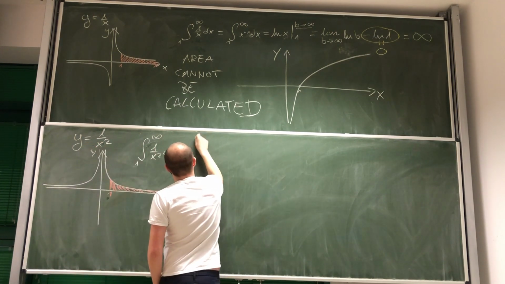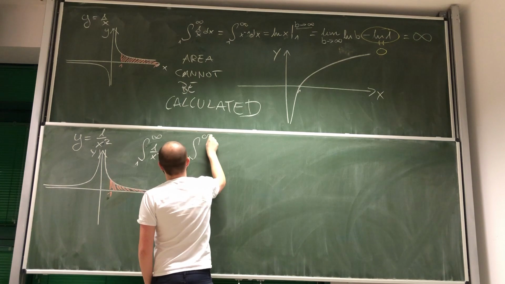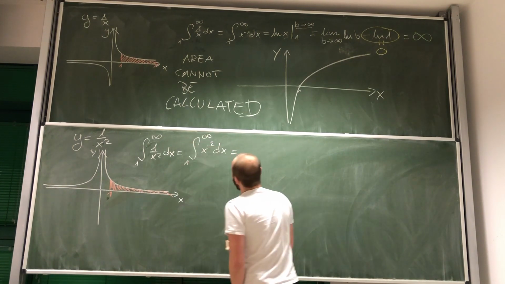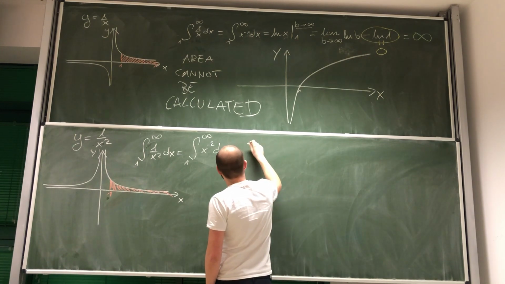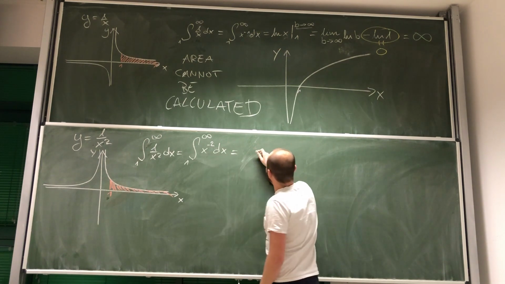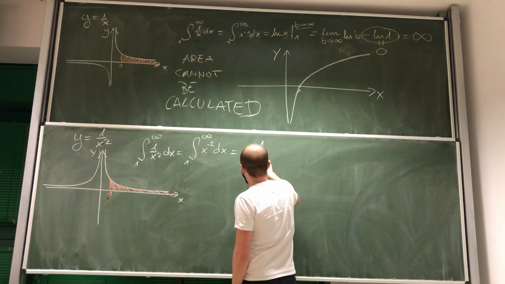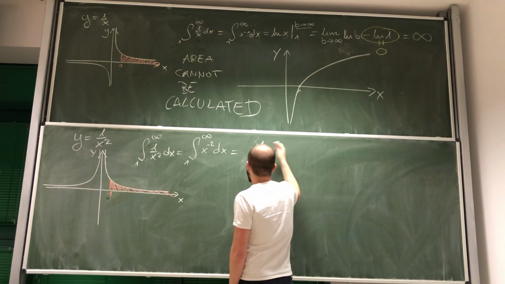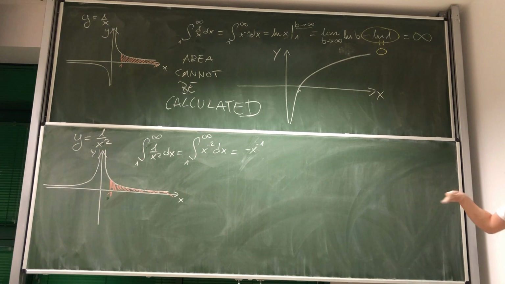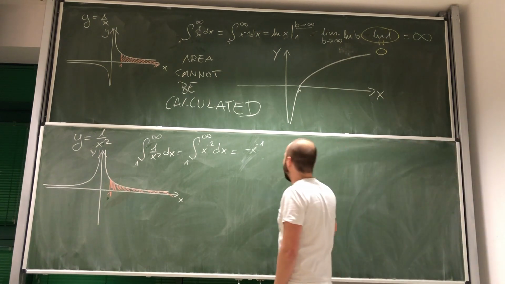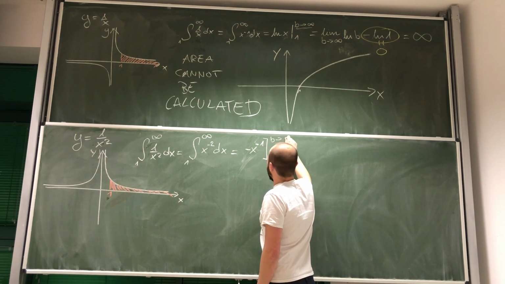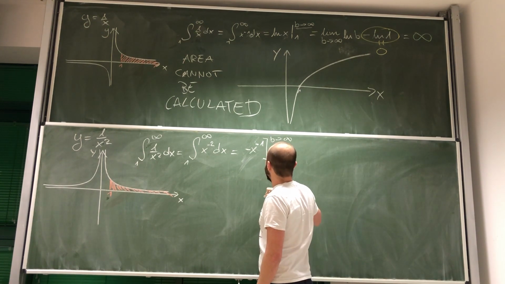So we get that this is the integral from 1 to infinity of x to the power negative 2 dx, which is equal to x to the power negative 1 divided by negative 1, right? So minus x to the power of negative 1. Okay, and here we've got b approaching infinity and 1.